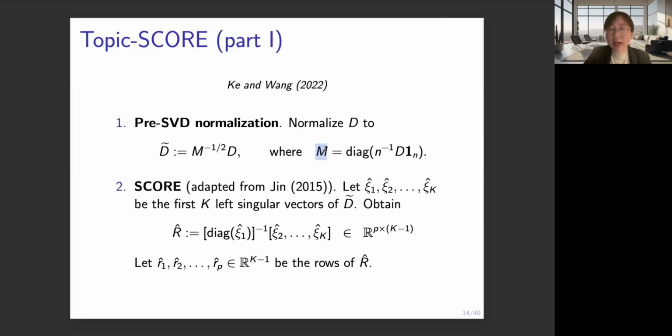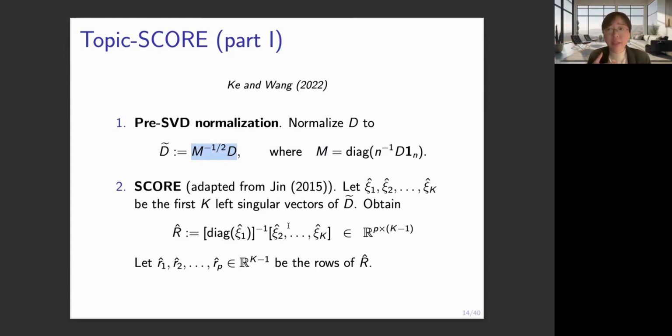Here, M is a diagonal matrix, where the j-th diagonal entry of M is the average frequency of word j. So I normalize each row of the data matrix by the square root of the average frequency. Therefore, the high frequency words get down-weighted and the low frequency words get up-weighted. Later, I will explain why I do this. The main purpose is to improve the signal-to-noise ratio in SVD.